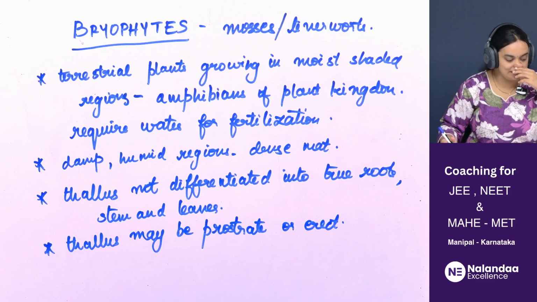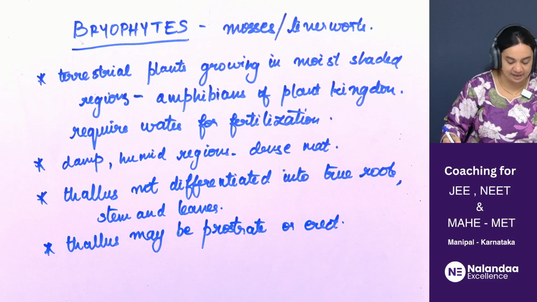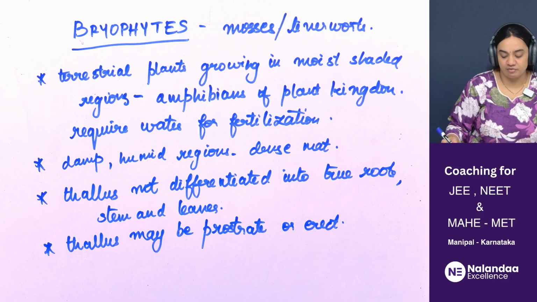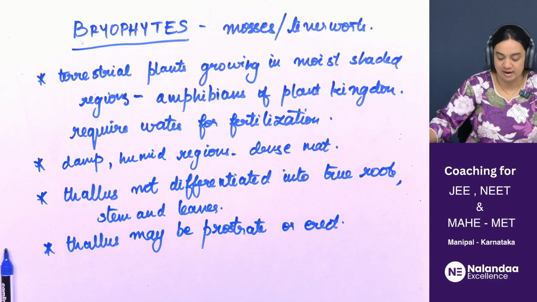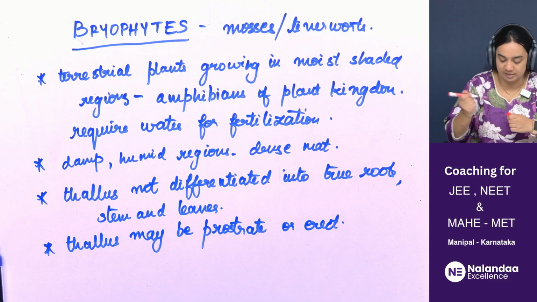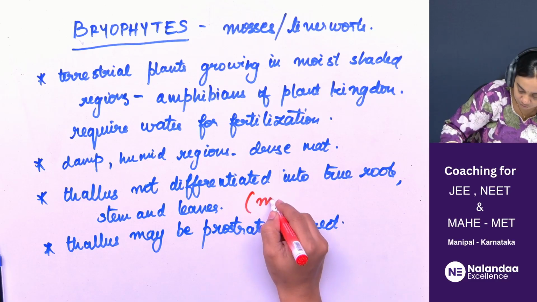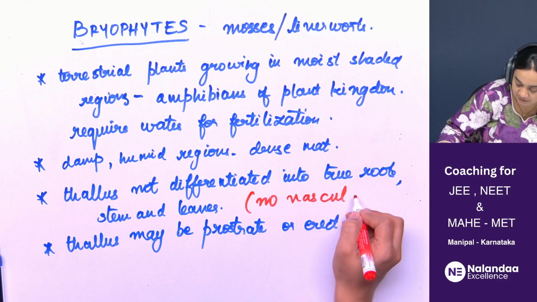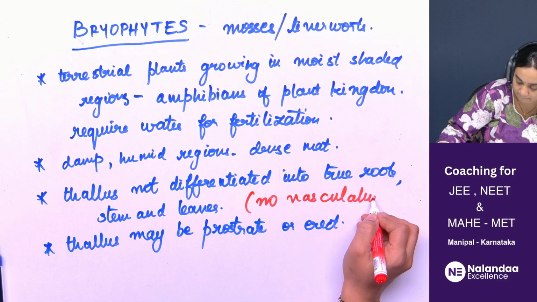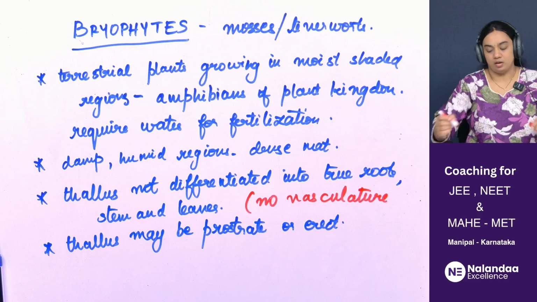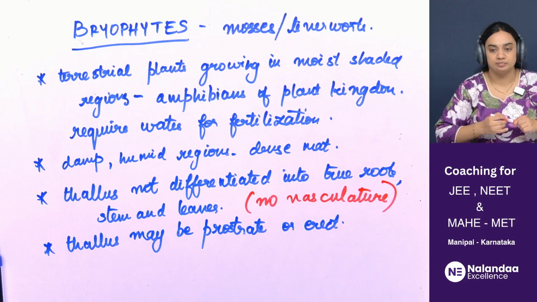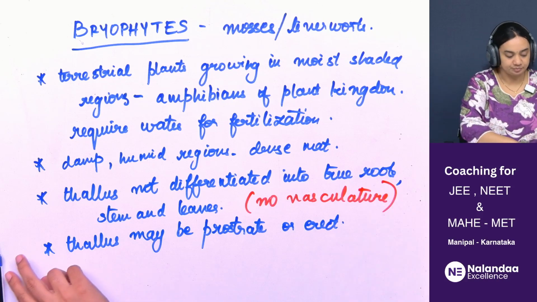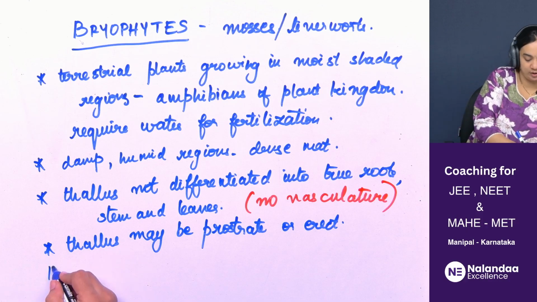Okay, so the thallus may be prostrate or erect, and it is not differentiated into true root, stem and leaves. So again, when we say true root, stem and leaf, we mean that there is no vasculature, no xylem and phloem. Okay, so no vasculature, and the thallus may be prostrate or erect.